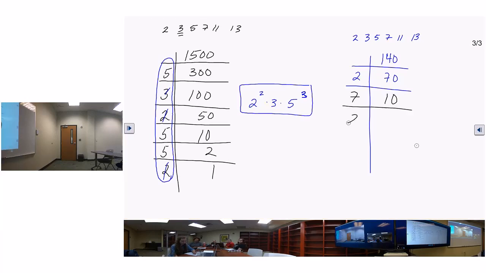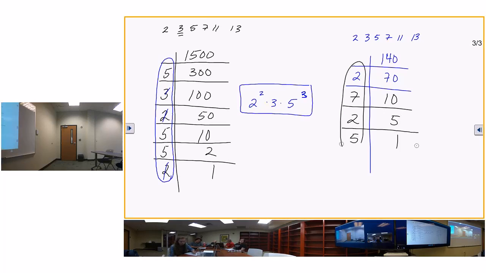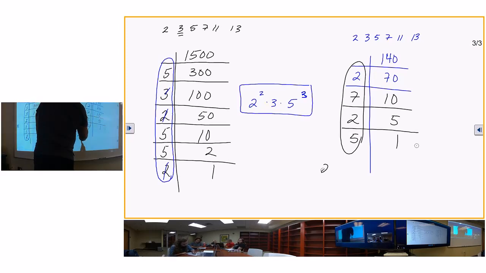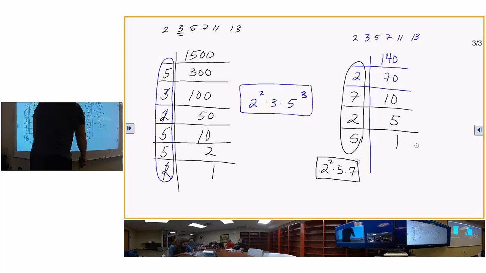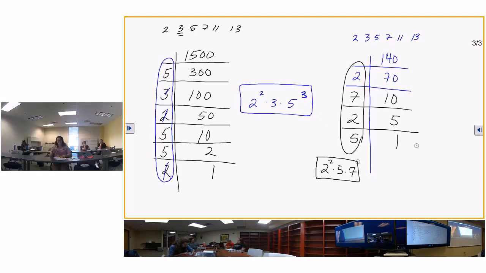And then 2, that'll give us a 5. And then 5 will give us a 1. So our prime factorization of 140 is 2 to the second power times 5 times 7. I got one right. See? It's not unheard of to do math.